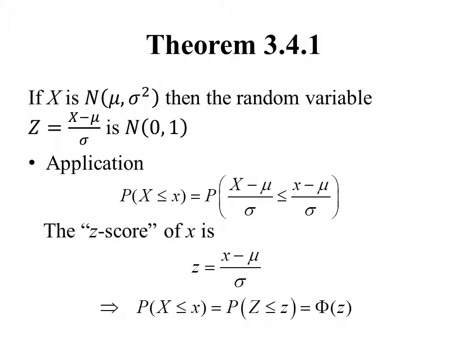We give that number a special name. We call it the z-score of x, and we define it to be z equals x minus mu divided by sigma. So the probability that X is less than or equal to x is equal to the probability that Z is less than or equal to z. Then I can easily find this probability using table C1, just like we did in the previous example.